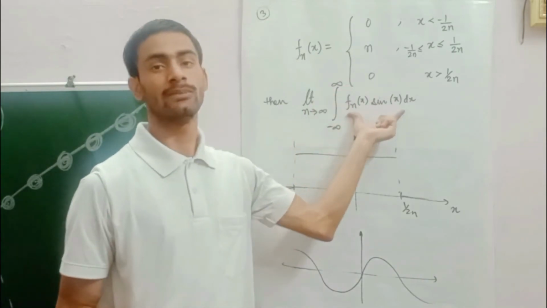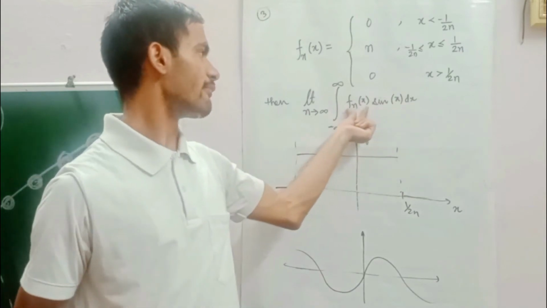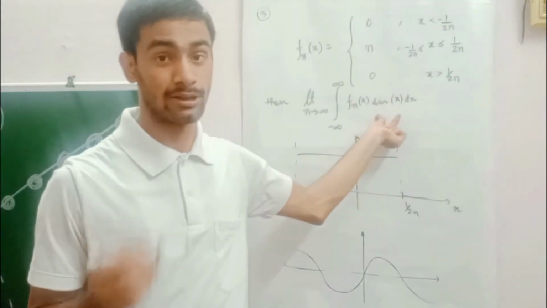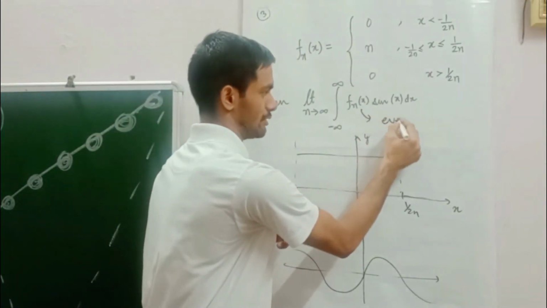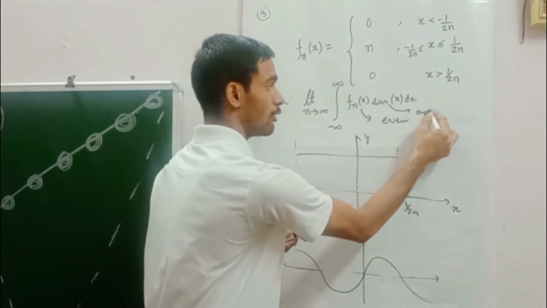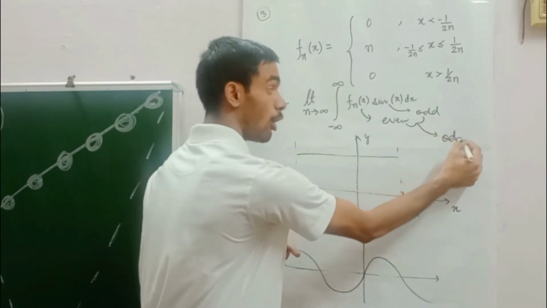What does this give? It gives the area under the curve of fn of x and sin of x, their multiplication. If one is an even function and the other is an odd function, their product is going to be an odd function.